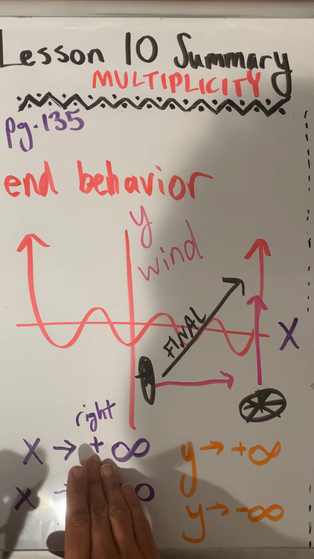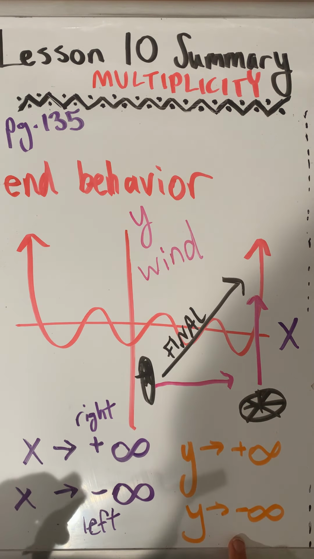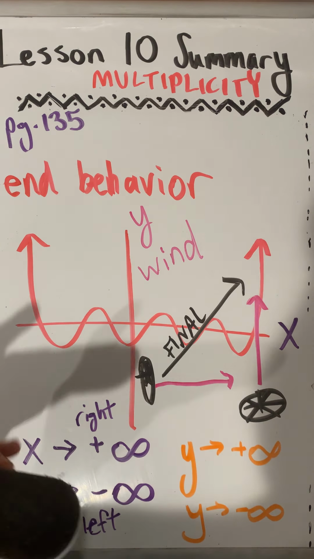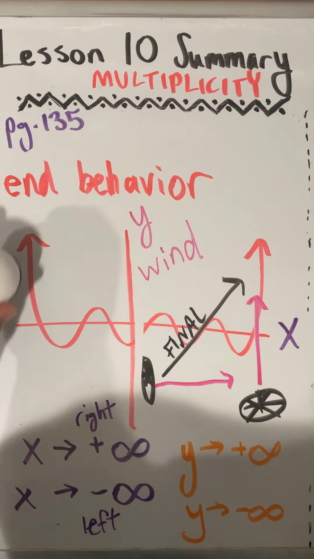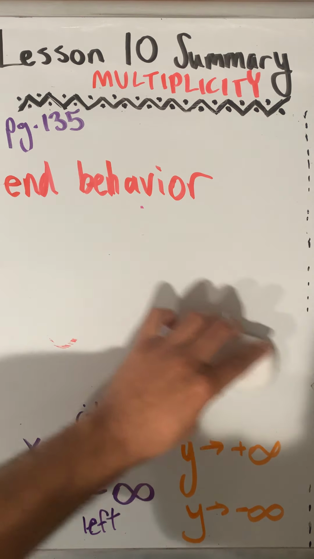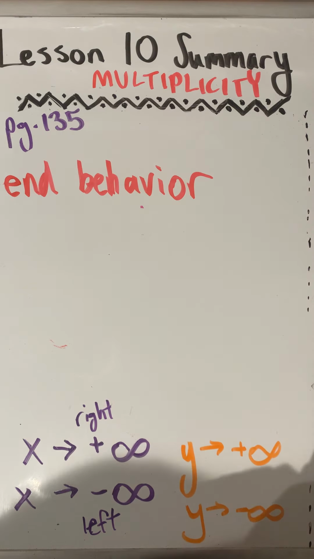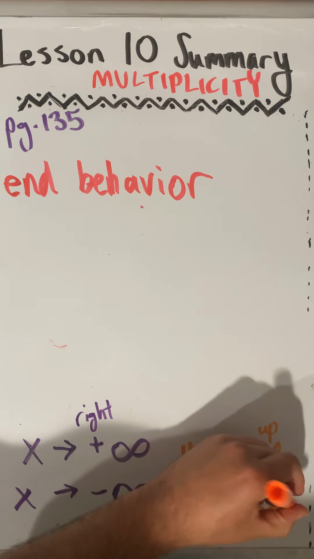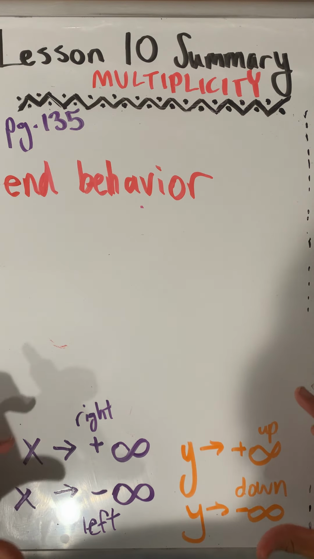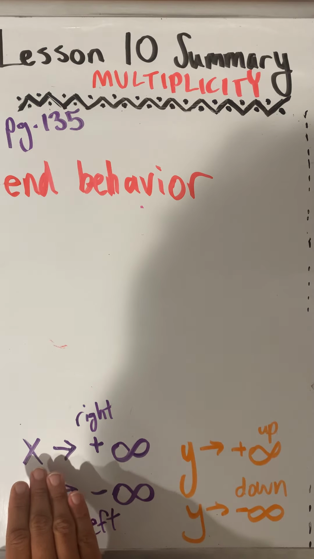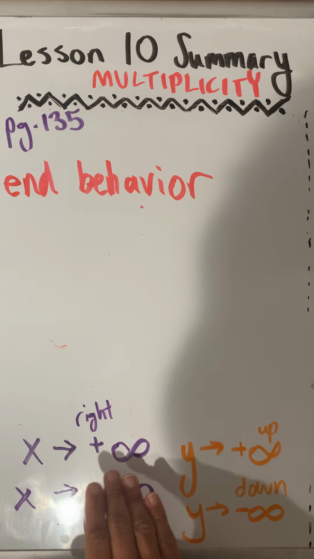So if this means right, that means left. What do you think these two mean? Okay, so this one's gonna mean up, and this one's gonna mean down. So this is definitely a piece of information you want in your notes, okay? So this is called as x approaches positive infinity.